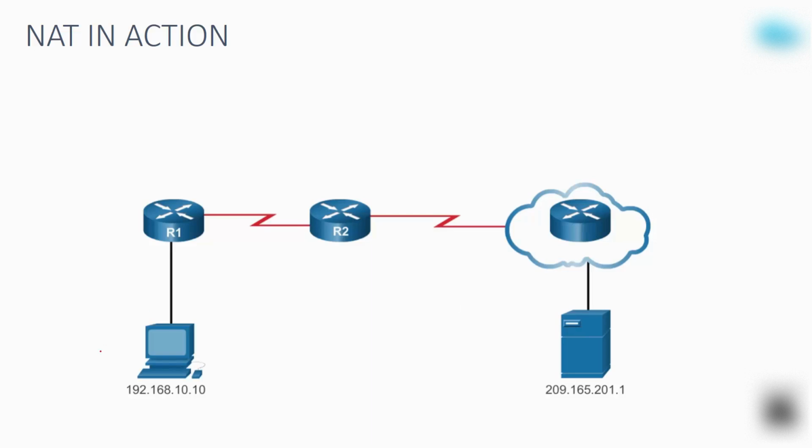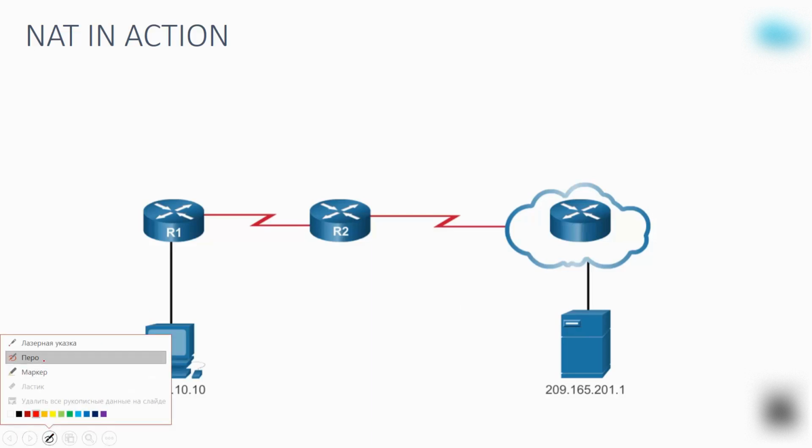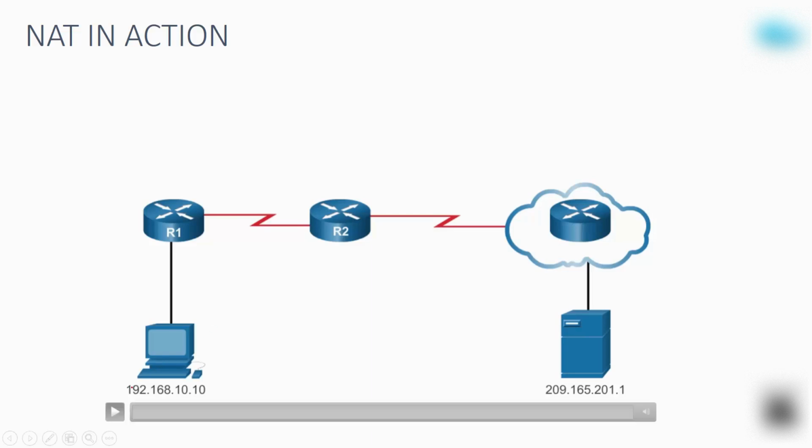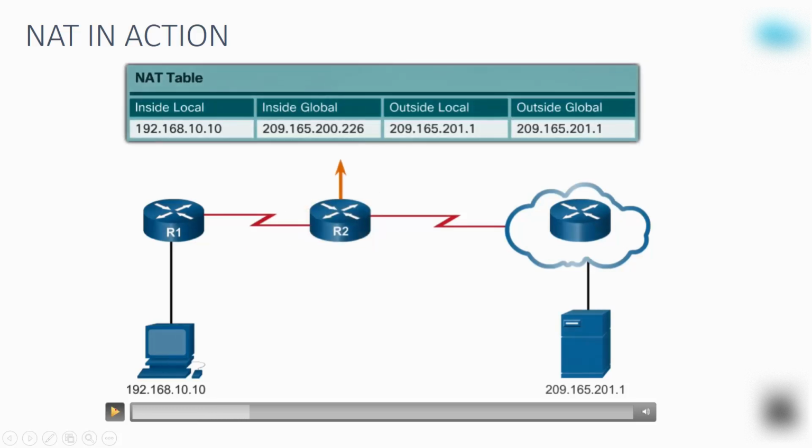And now it's time to take a look at NAT in action. Here we have a small animation from netacad.com, the Cisco Networking Academy website. As you see, our source IP address is 192.168.10.10, and when it reaches R2, where we have configured NAT, it will be translated from the inside local address to the outside local address.